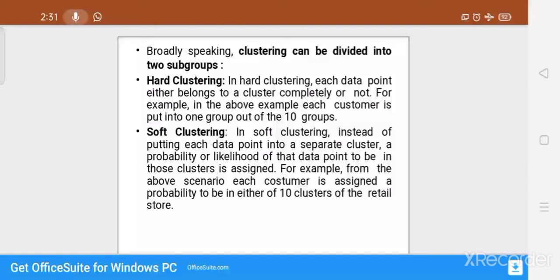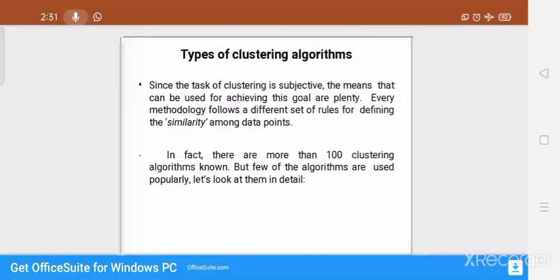Here the probability or likelihood of a data point being in a cluster is assigned. If we divide into 10 groups, each customer is assigned a probability of being in each of the 10 clusters of the retail store. This is the only difference between hard and soft clustering.